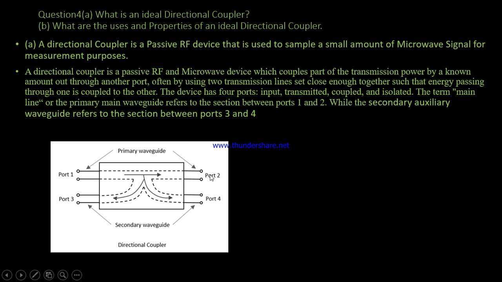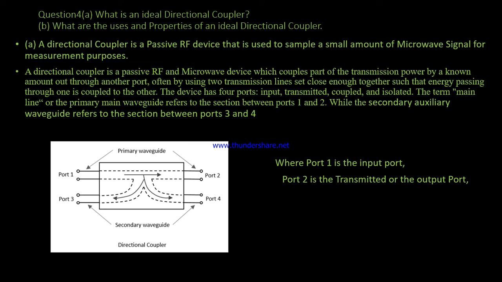So this is a sample of the signal flow in a directional coupler. Port 1 is the input port, port 2 is the transmitted or the output port, port 3 is the coupled port, and port 4 is the isolated port.